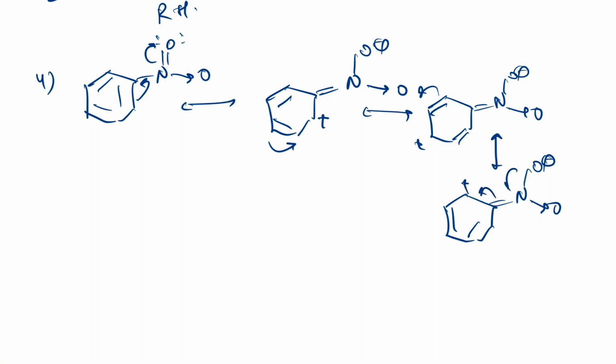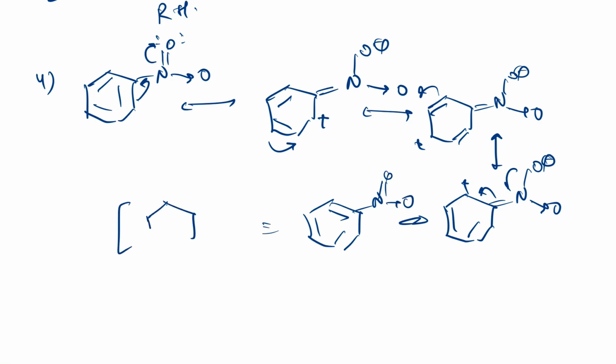This bond will go here, this will go here, and it will form a double bond. So that's how the nitro group and nitrobenzene resonance forms arise, with double bond O and O. So here delta negative, and here also delta positive, delta positive, and delta positive. That's how it will form.